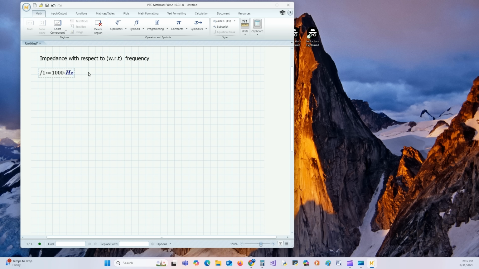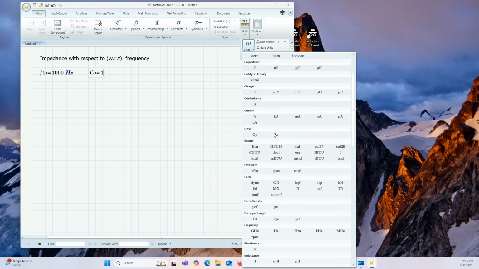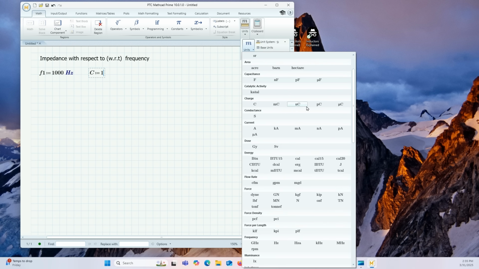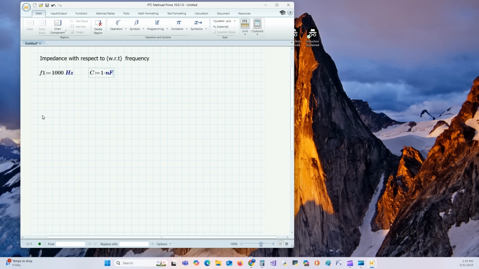You have to do it like this. Next, our capacitor, C, shift colon, equals 1 nanofarad. Come over to the nanofarads, the units, capacitance, that's conductance. Capacitance nanofarad equals that.